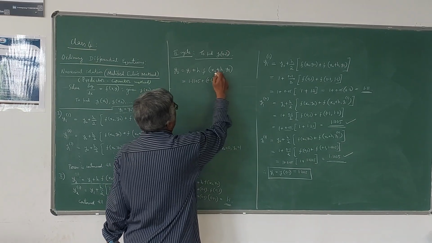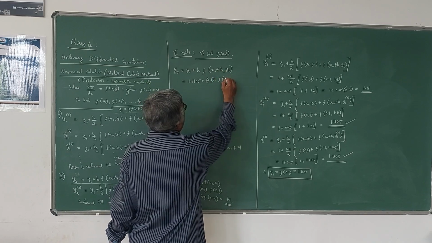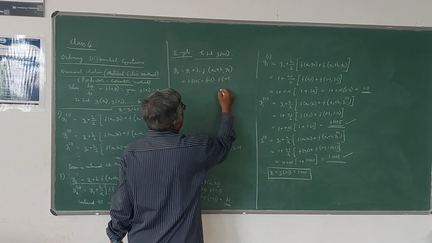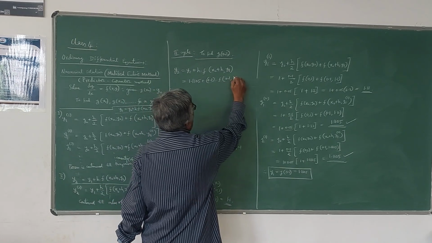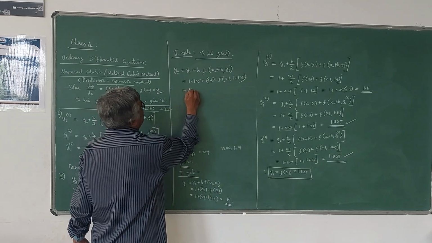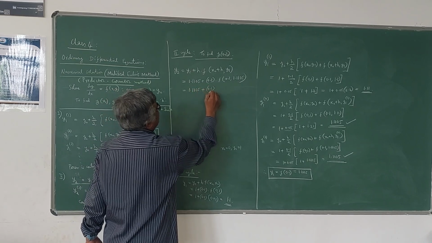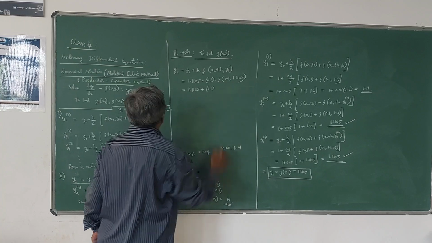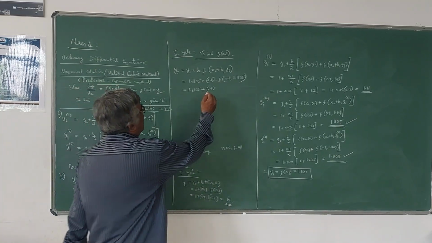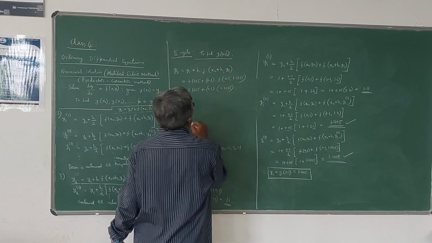X naught is 0, h is 0.1, so this becomes 0.1, comma y1 is once again 1.1105. Now this becomes 1.1105 plus 0.1 into x plus y. The function is x plus y, so we just add these two: 1.2105. Now just simplify this.